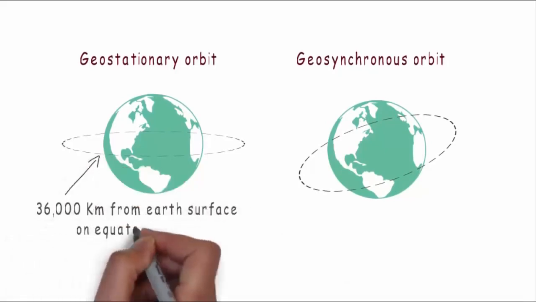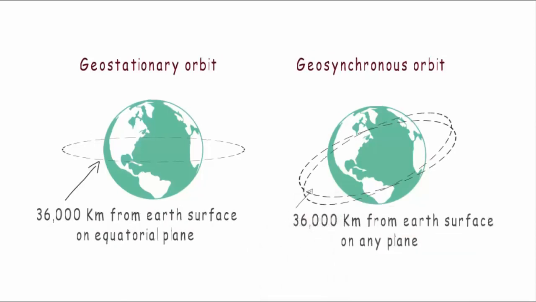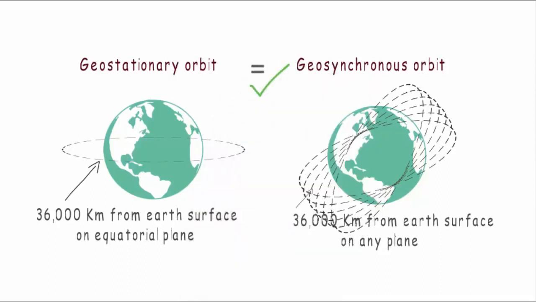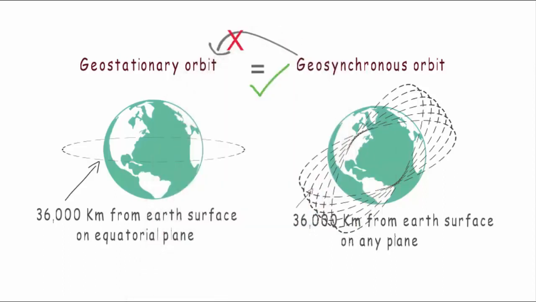There is only one geostationary orbit possible, but there can be many of geosynchronous orbits. Remember one point here that all geostationary are geosynchronous, but all geosynchronous are not geostationary.